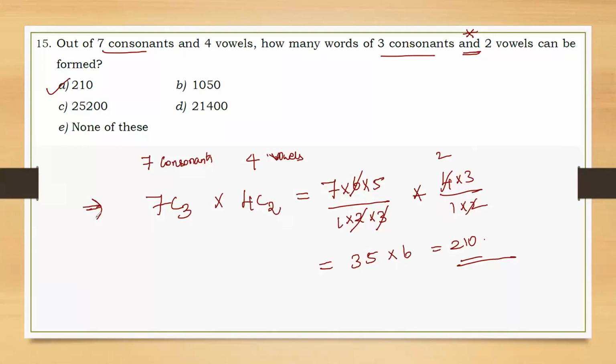But here we are going to select. We need 3 consonants and 2 vowels, but we have 7 and 4. So out of 7, we select 3, and out of 4, we select 2 vowels. It's only selection, so it's a combination.